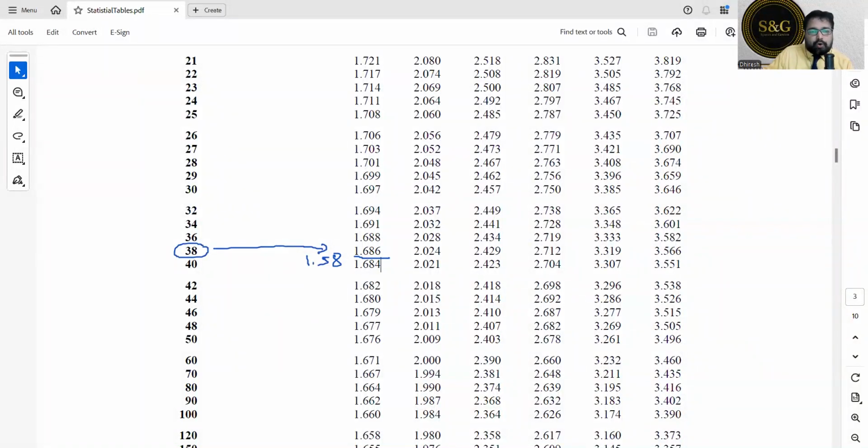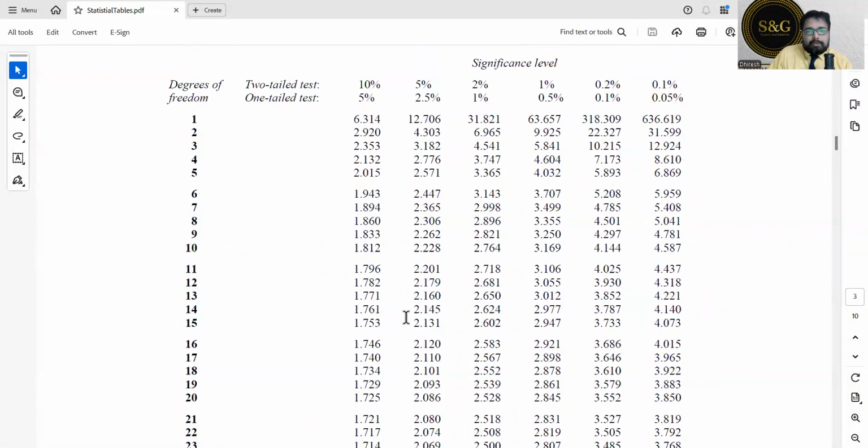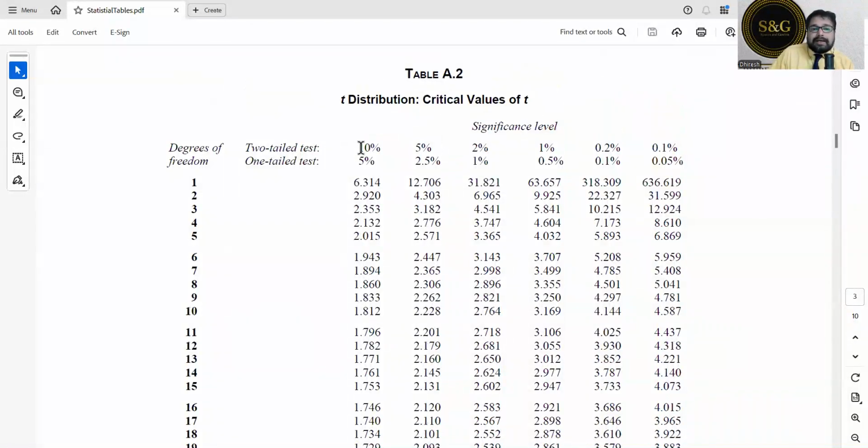So if I scroll up, my p value must be greater than 0.1, yes, because it is greater than 10%, 0.1.